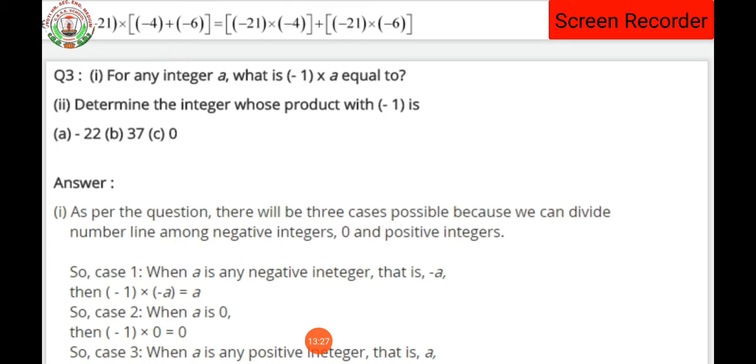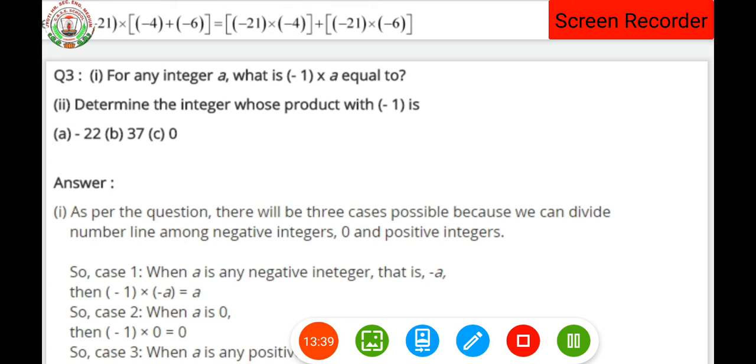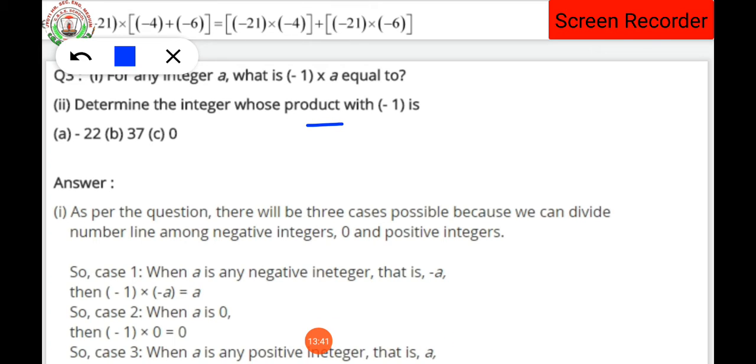Okay, in the second part of question 3, it is said that determine the integers whose product with minus 1 is minus 22. Whose product with minus 1 is, that means determine the integer whose product, that means multiplication.